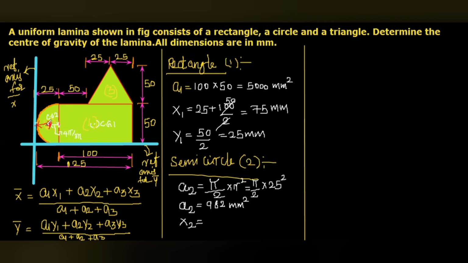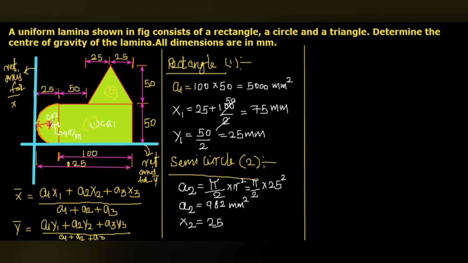So we can get this by using the calculation: 25 from this point to this point, minus this value 4r by 3 pi. Then we will get x2, the distance from the reference axis to the CG of the particular area.